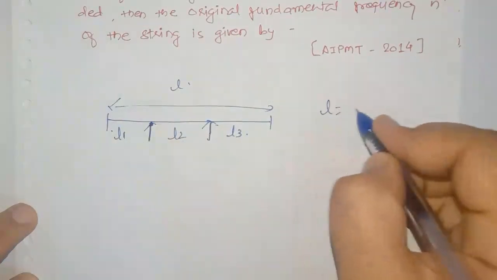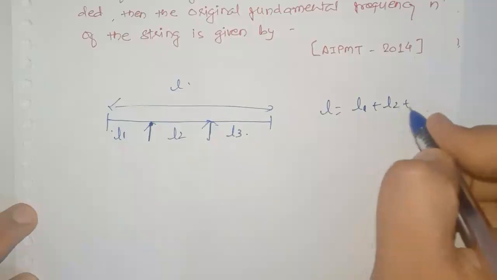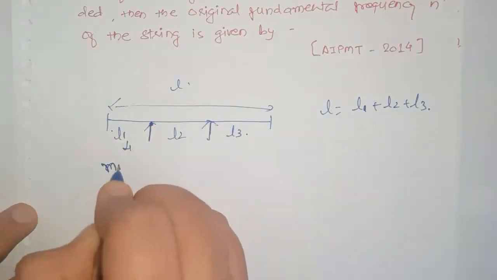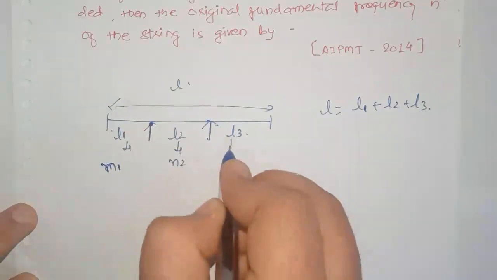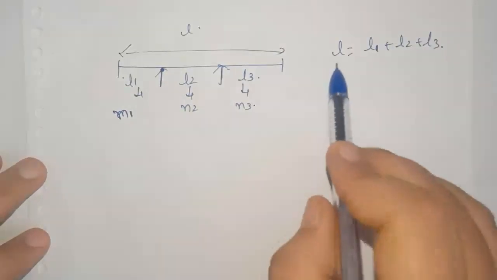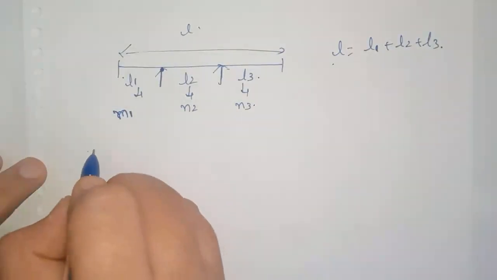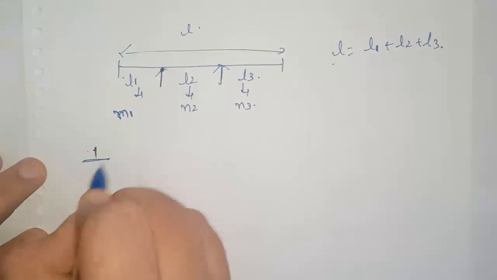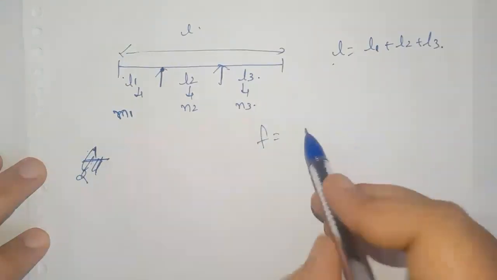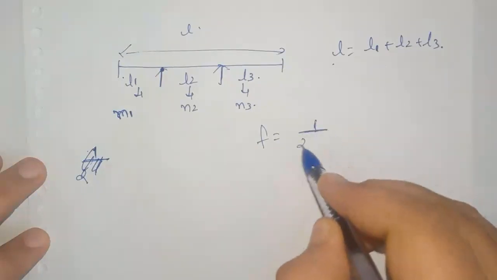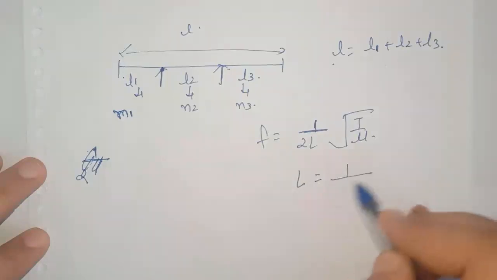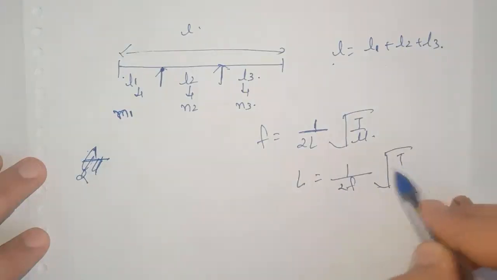Total length will be given by L1 plus L2 plus L3. The fundamental frequency of L1 is N1, of L2 is N2 and of L3 is N3. The frequency in a stretched string is given by 1 upon 2l under root T by mu. So length will be equal to 1 upon 2f under root T by mu.